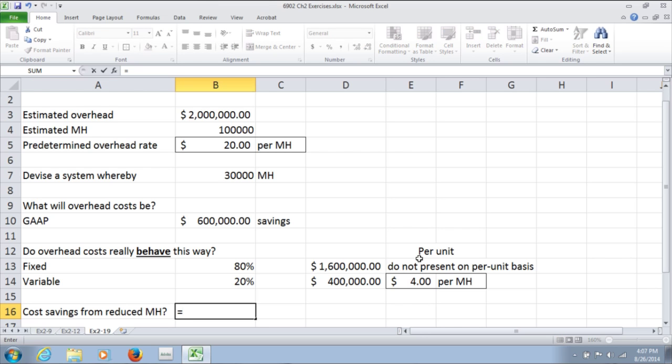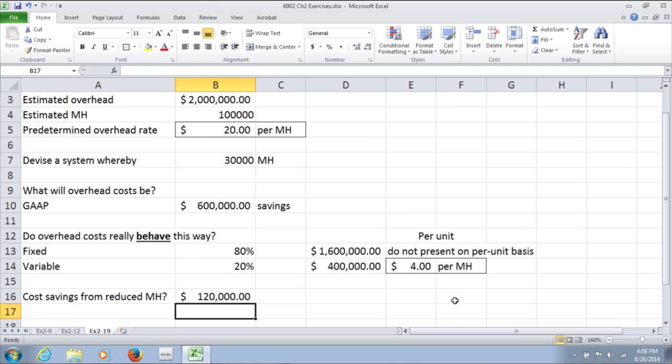Well, what we could actually save would be the 30,000 machine hours reduction multiplied by the $4 per hour of variable costs. So we could actually save 120,000. Now that's not a trivial amount, but it's far from the overall savings that one would perceive under GAAP.